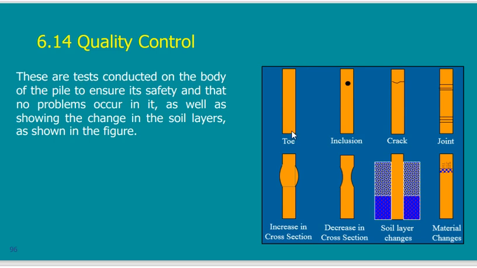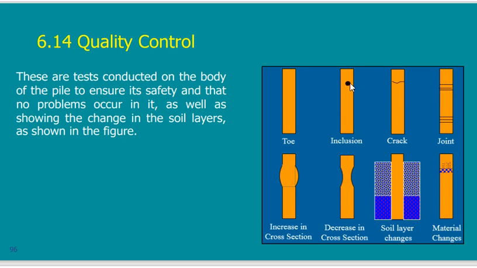I know the depth of the pile from the velocity of the wave going up and down. So this is one very important thing. I know the material of the pile, because if the material changed, the velocity will change. So everything is related to the velocity of the wave that is reflected. So from here, I can find if there is an inclusion.